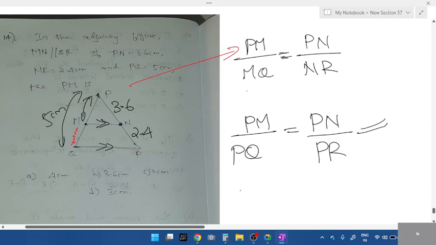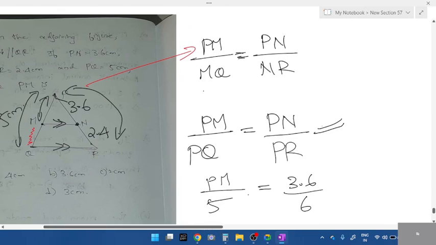So according to the second formula, PM as it is, PQ value is 5, PN value is 3.6. For PR, add both. 3.6 plus 2.4 is 6. Therefore, PM is equal to 3.6 into 5 divided by 6. I'll write 36, 10 into 6. 6 ones are 6, 6 sixes are 36. 5 ones are 5, 5 twos are 10.